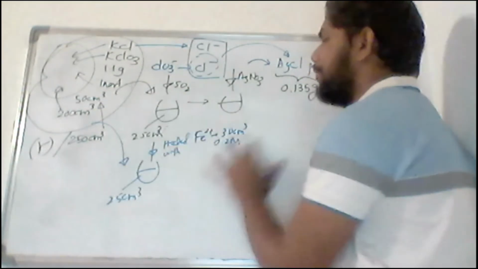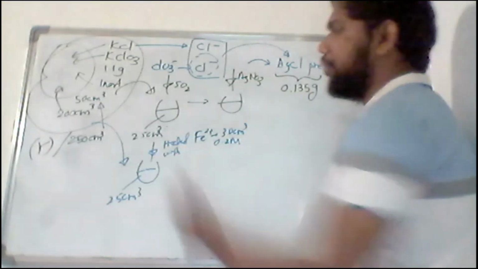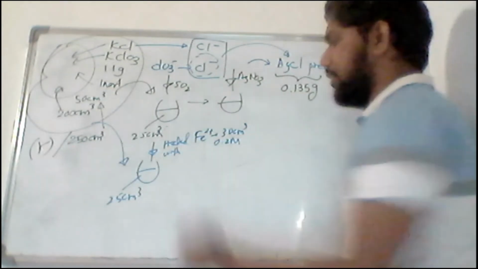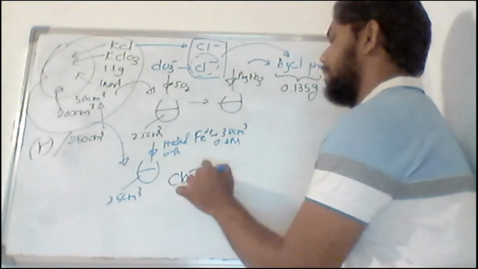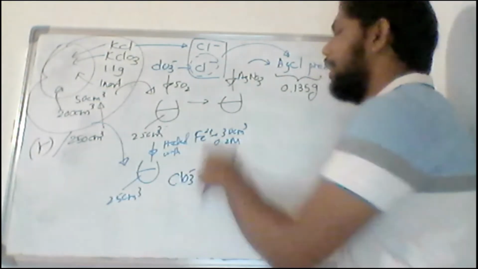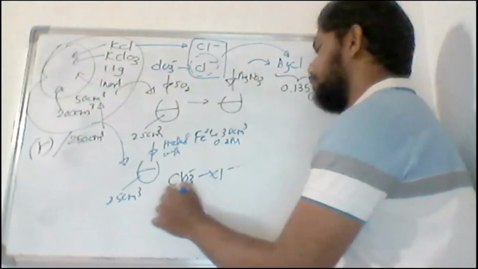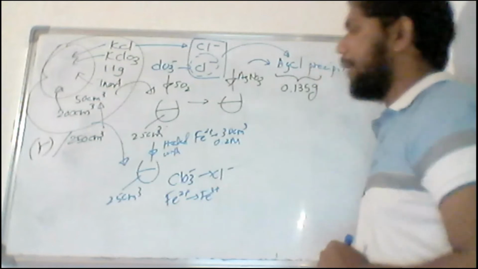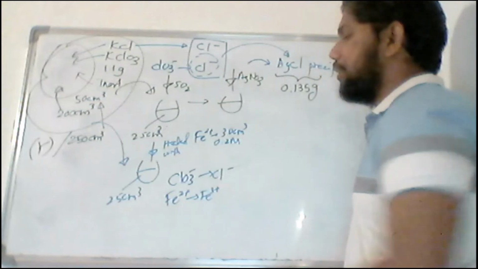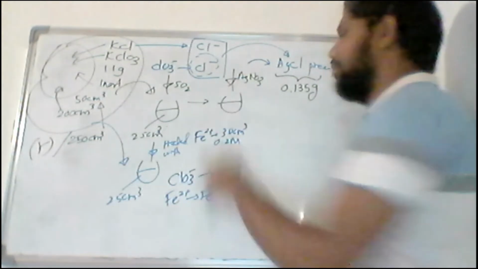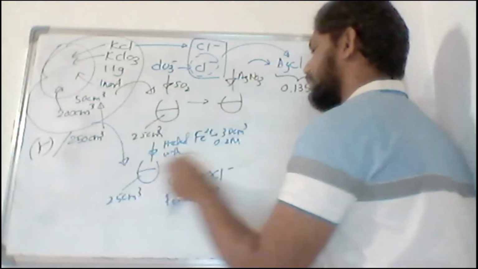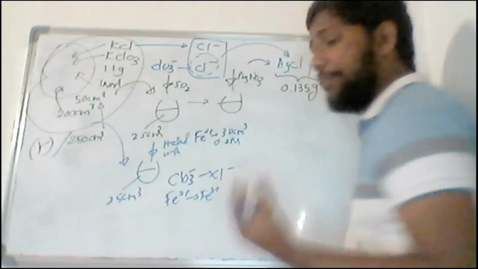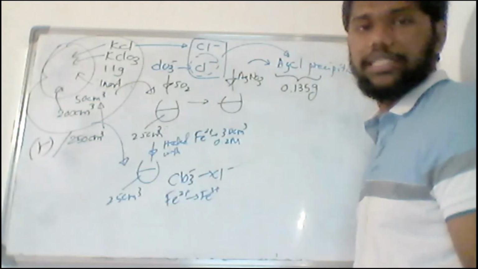So when we add Fe2 plus into this solution, this following reaction is happening. So what is actually happening again? ClO3 minus is converted to Cl minus, and Fe2 plus will be oxidized to Fe3 plus. Okay, and some amount of Fe2 plus will react with the ClO3 minus to convert it to Cl minus. So there is some amount of Fe2 plus remaining in the solution.